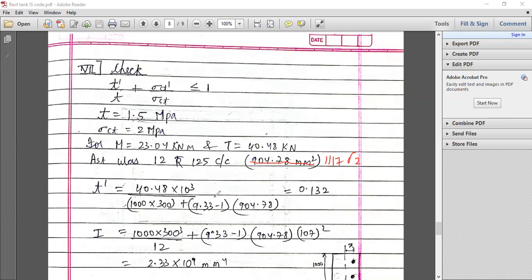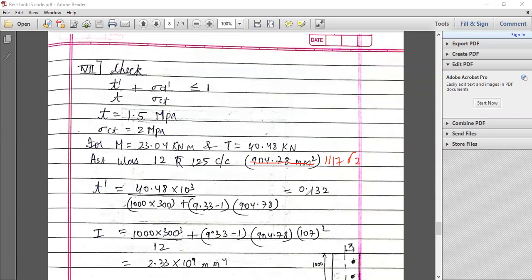Yes, what is the value of T dash? Anyone? Write in the chat box. 0.13. Yes, what about others? Same मिल रहा है 0.13. Exact same.